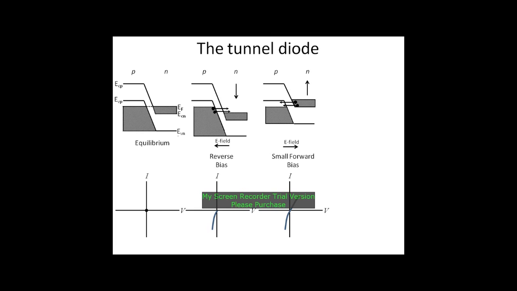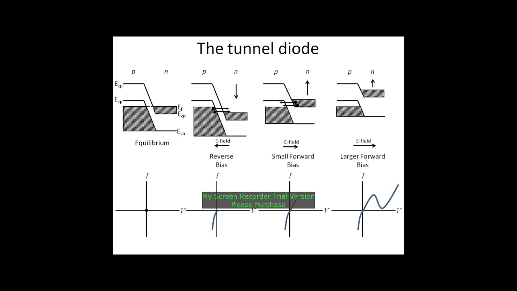But eventually, this valence band ends up getting filled up rapidly. As you increase the forward bias even more, the bands begin to not overlap, so they're not crossing anymore. This results in a decrease in the current as you increase the voltage.